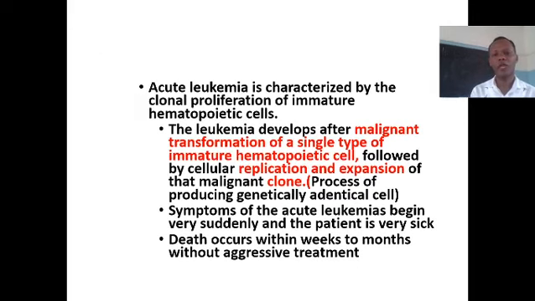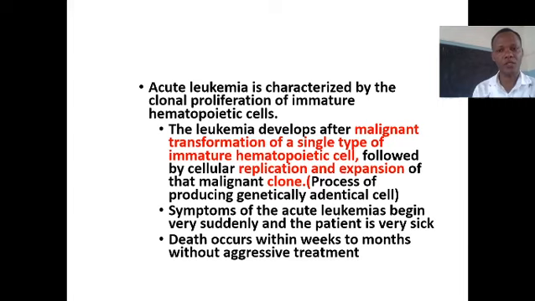Acute leukemia is characterized by the proliferation of immature hematopoietic cells, where leukemia develops after malignant transformation of hematopoietic cells, followed by cellular replication and expansion of that malignant clone.